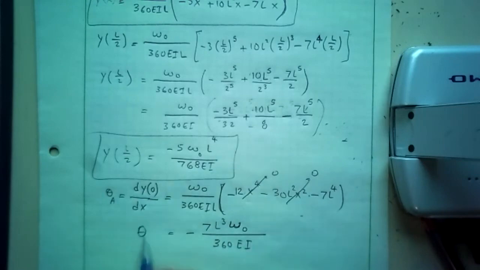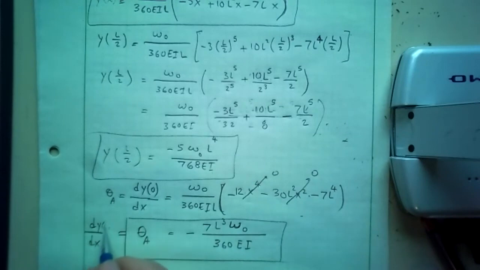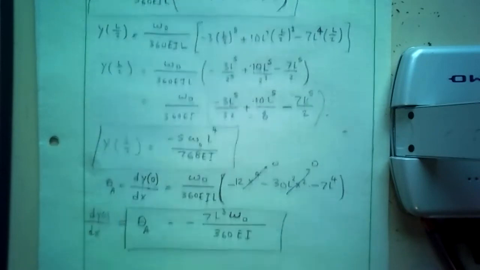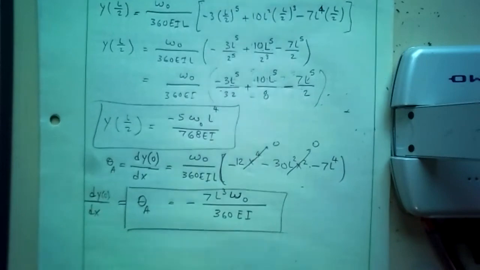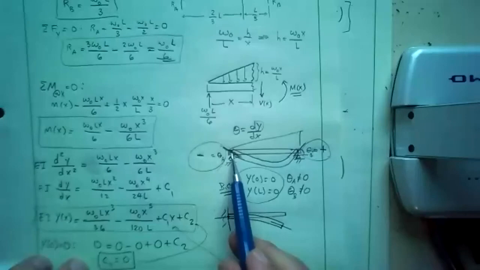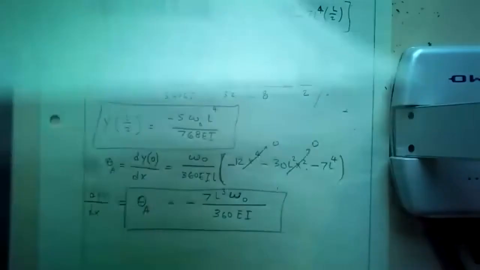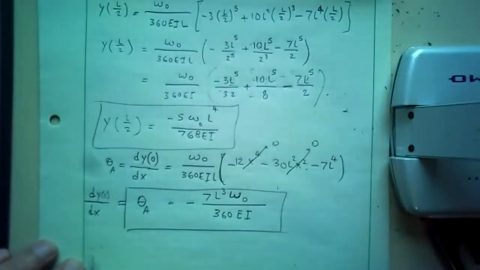This is the slope at A, which is the same as dy dx at x equal to 0. I said deflection, I'm sorry, slope at A. So I have this negative, and that's what I expected. Now, what is the slope at B? I should have a positive value. The slope at B is the same as dy dx at x equal to L.